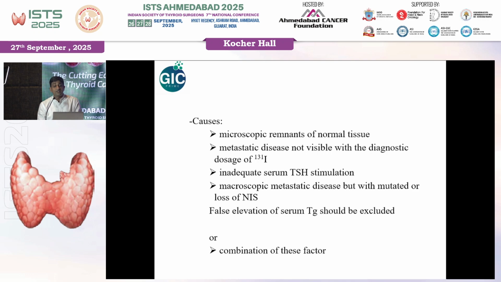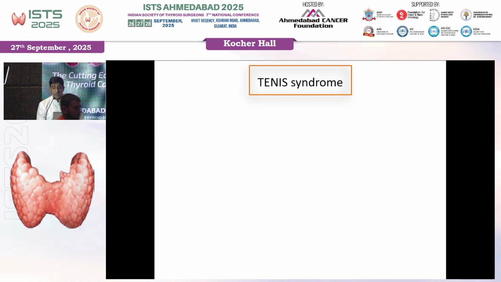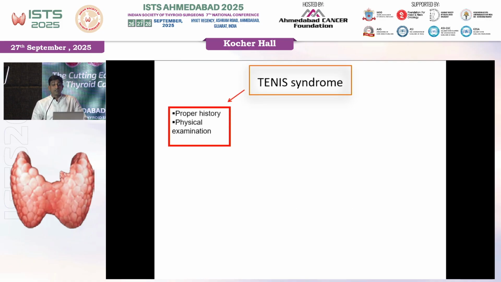And false elevation of serum thyroglobulin should be excluded. It is rare, because false decrease of serum thyroglobulin is more common than false elevation. But this is also a factor to consider, and it can be a combination of all these factors.